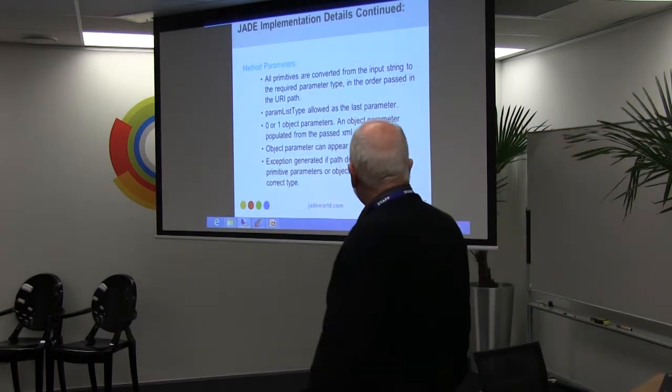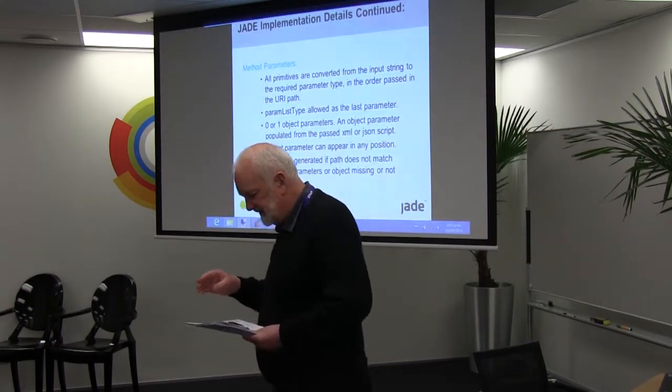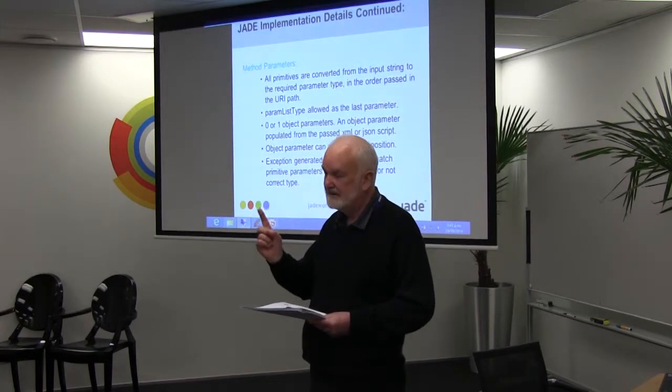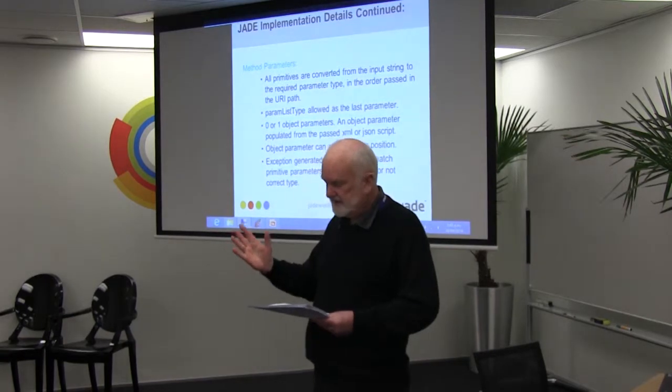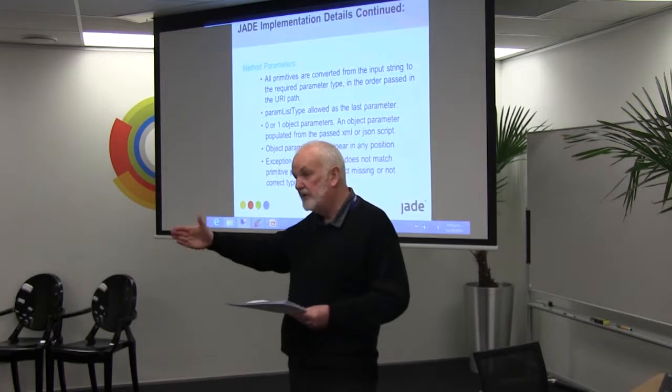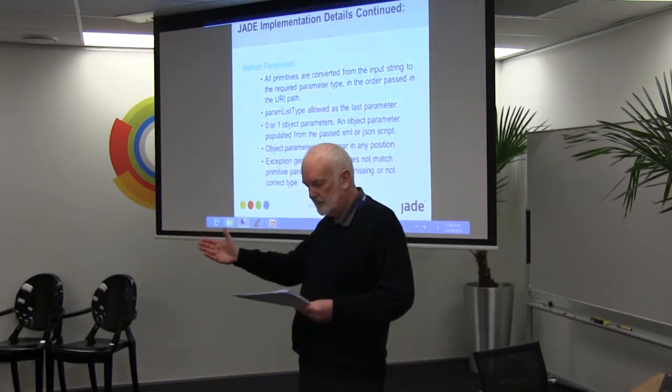Okay, all the primitives that are in the methods that have a number of parameters, and all but one are primitives. So we take the URL, we step through them, and they have to match the order of the parameters on that method, of course.